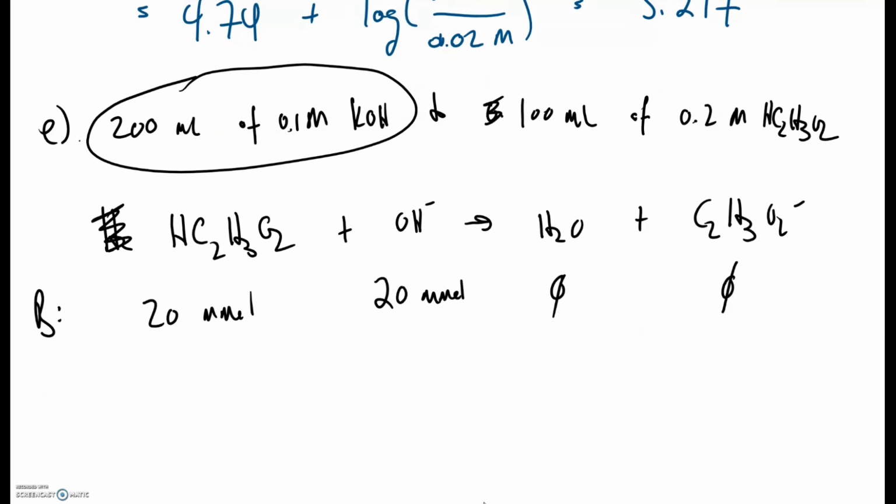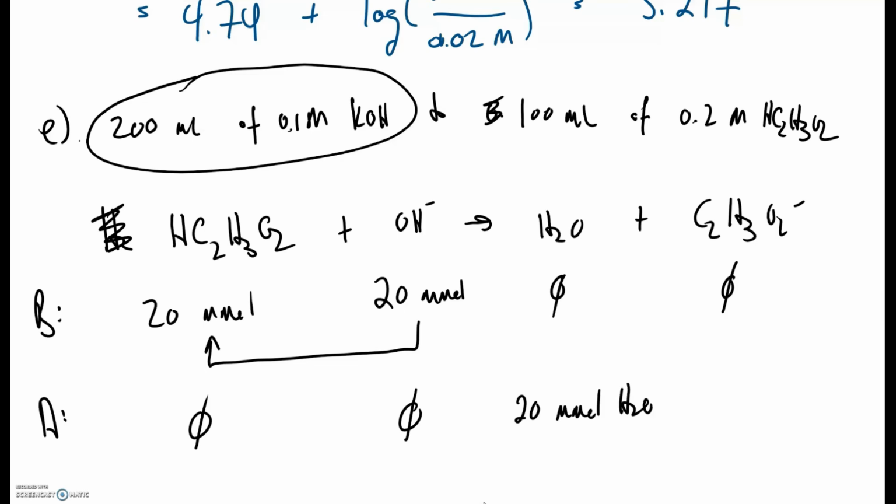Before the reaction, there's no water or acetate. After the reaction, this 20 millimoles neutralizes all of the acetic acid. That means there's no acetic acid and there's no OH minus. There is 20 millimoles of water, and there is also 20 millimoles of our acetate ion.